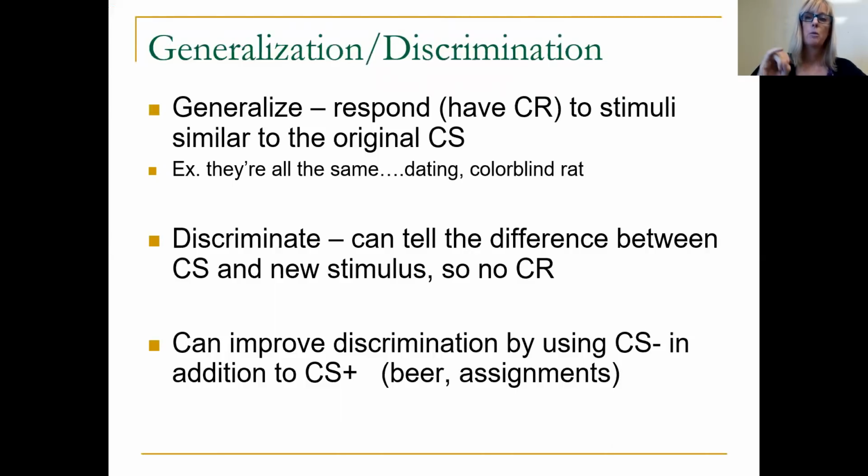But what they can really learn better from is if we post a good A paper, but then I post a B paper and a C paper, maybe even a D paper. If I can post different graded papers, then people can see the difference between them. How do I discriminate between a C paper and a B paper? They will write better papers because they can see what the differences are. And so now teachers know it's better to give a little bit of both.